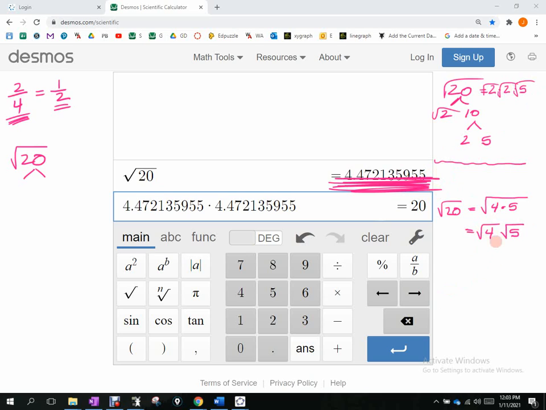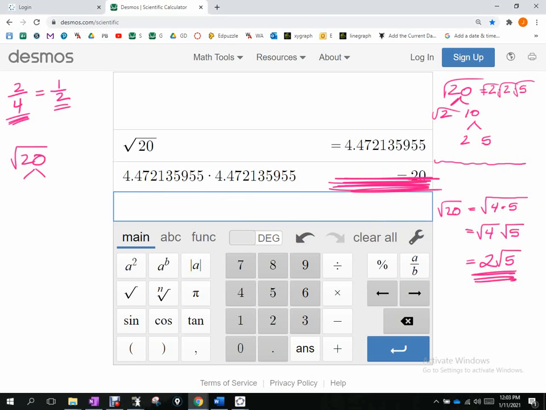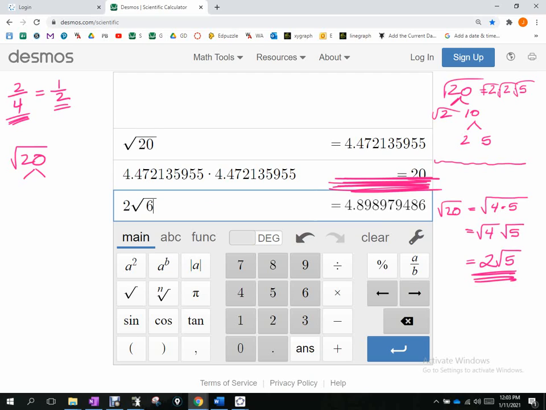And what's the square root of 4? It's 2, right? 4 is a perfect square. And then 5 is prime, so it stays radical 5. So that is a better version of radical 20. If I type in 2 square root of 5, do I still get the same 4.472 number? Okay, so that's the process of simplifying.